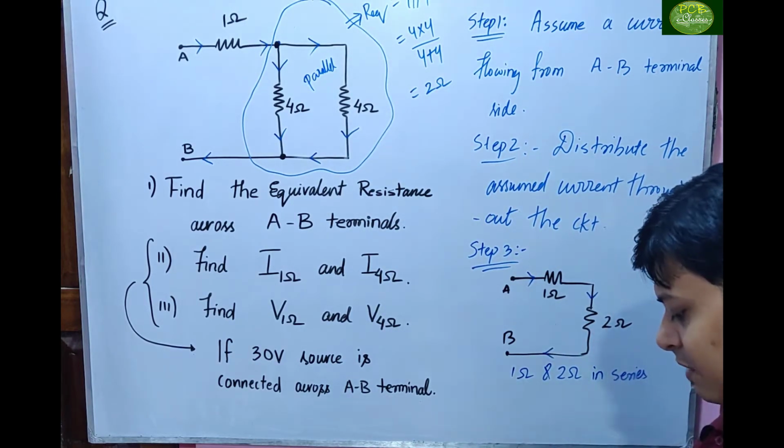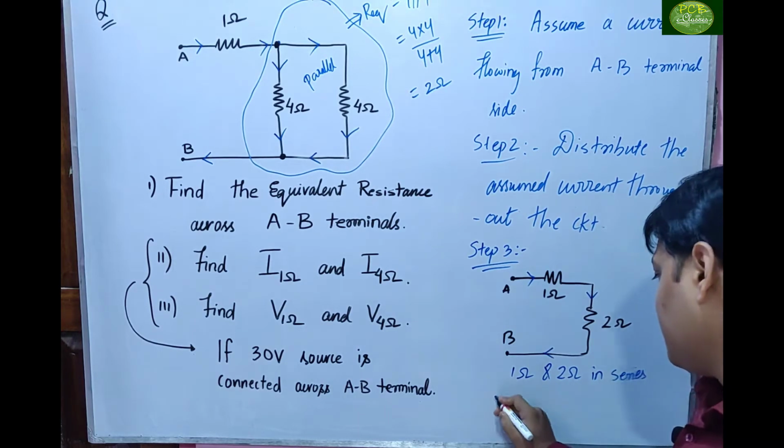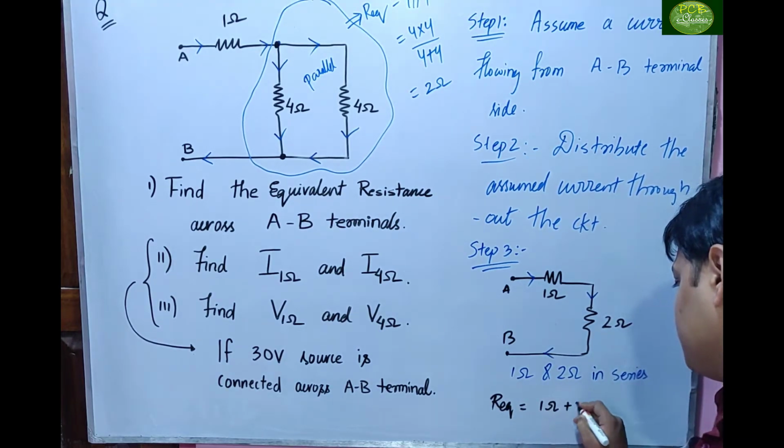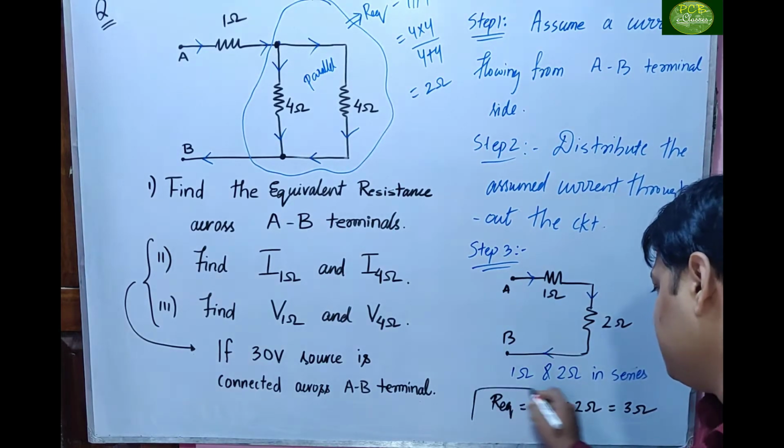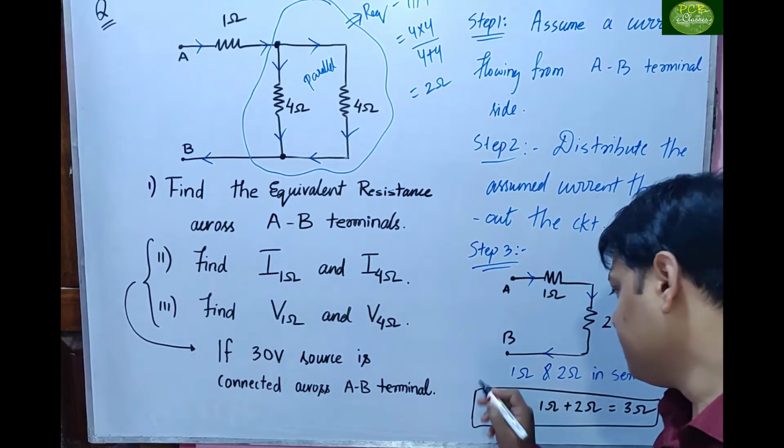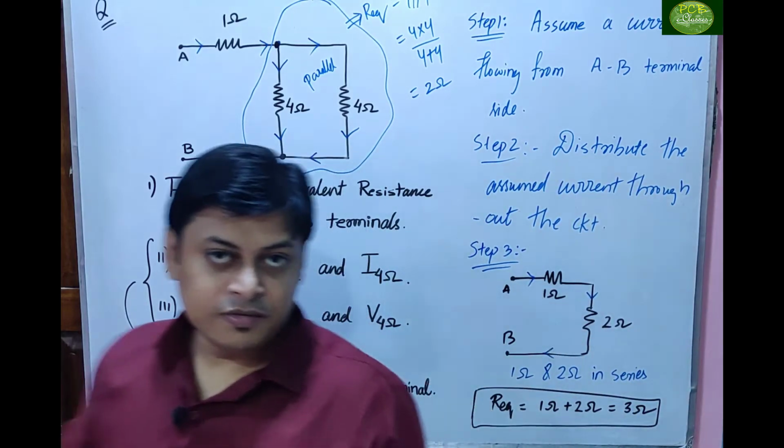So R equivalent will be 1 plus 2 ohm, that is equal to 3 ohm. So this is my first answer. Make a note of it.